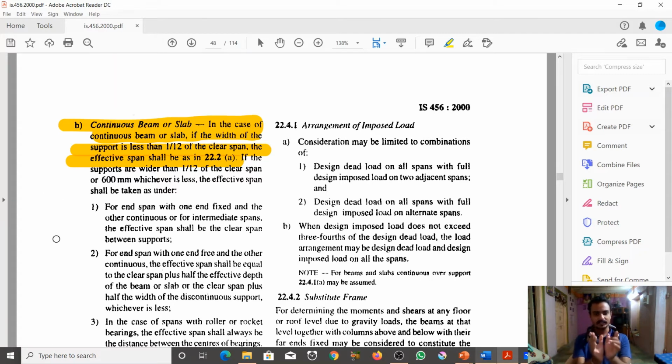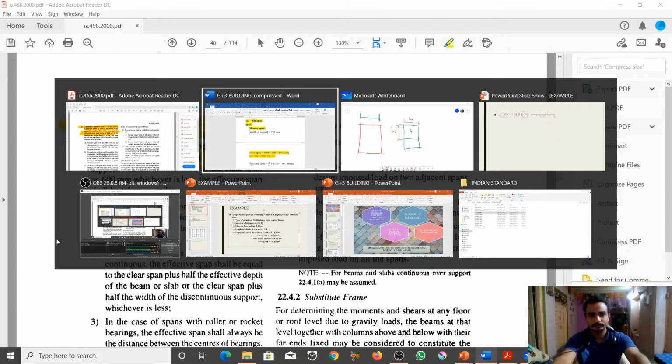So the first condition is clear span divided by 12. If this value, clear span divided by 12, is less than the width of support, we have to follow clause number 22.2a.